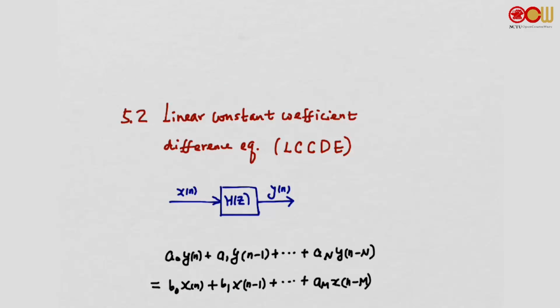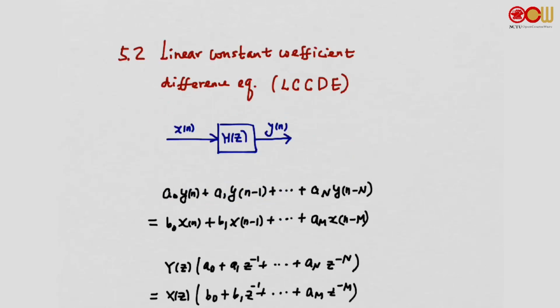Now we would like to study such a system from the frequency domain. We take the Z transform on both sides. Each term on the left hand side has Y(z), one with an additional delay, and one with N delays.